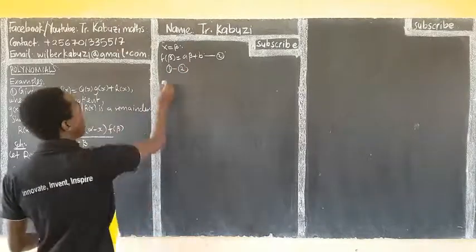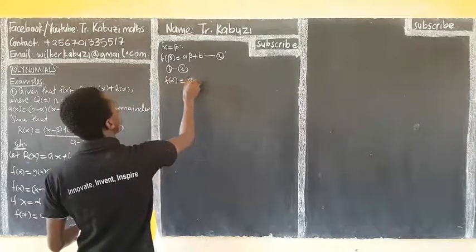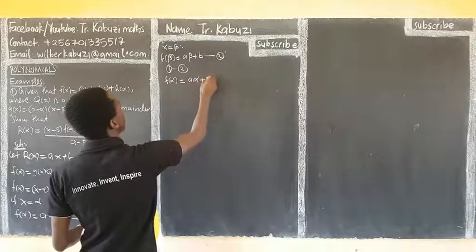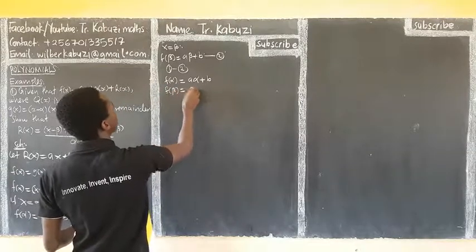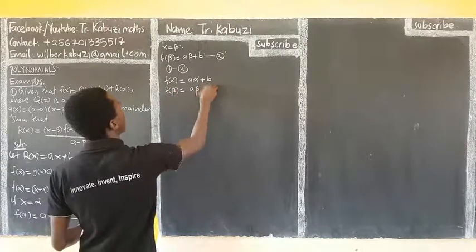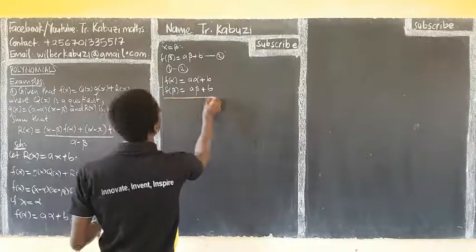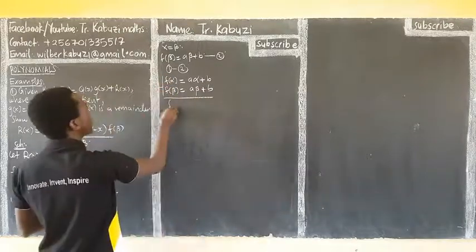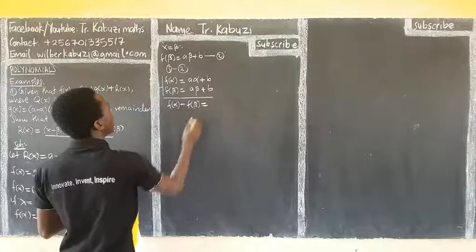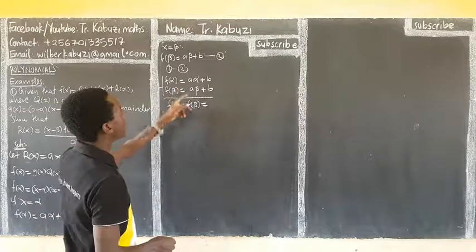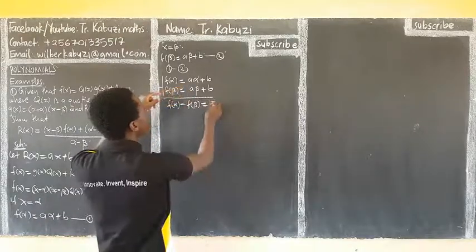So I have f of alpha equal to a alpha plus b, then f of beta equal to a beta plus b. Then I'm going to subtract. I subtract this, I get f of alpha minus f of beta equal to this minus this, where a is common, so I'm going to factorize out a.